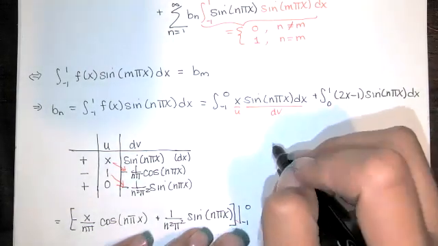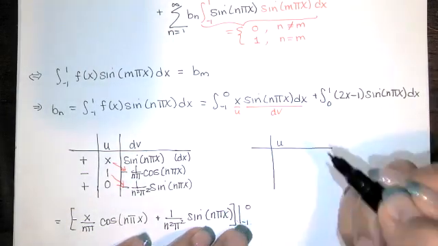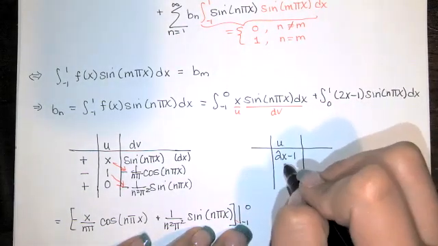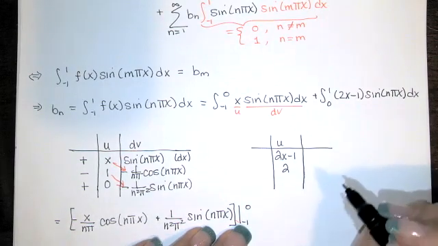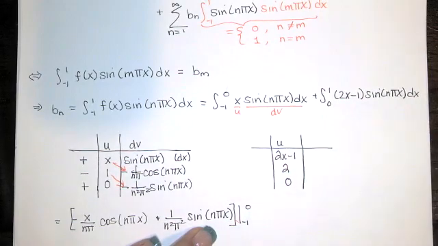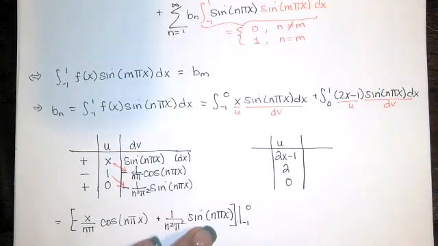Let's do the integration by parts for this guy. It's not too bad. u is our polynomial. dv is everything else.